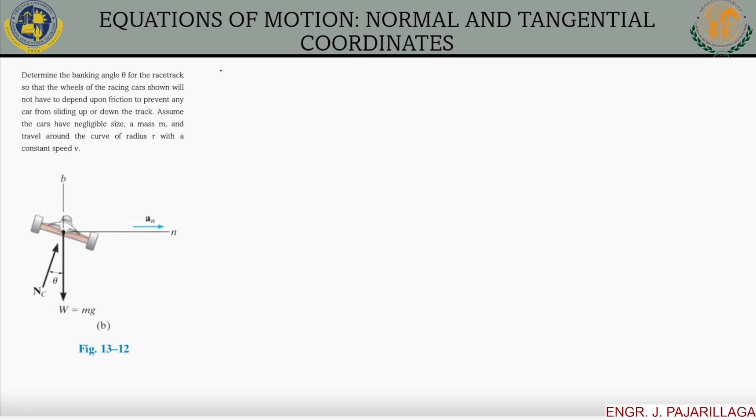So, if we take the summation of forces horizontal, sabi sa atin, the summation of forces on the normal, say Fn, should be equal to the mass multiplied by the normal acceleration. So, if this is our axis, therefore, we can say, ano yung mga forces acting on the normal axis?